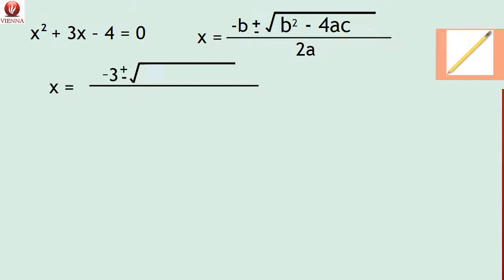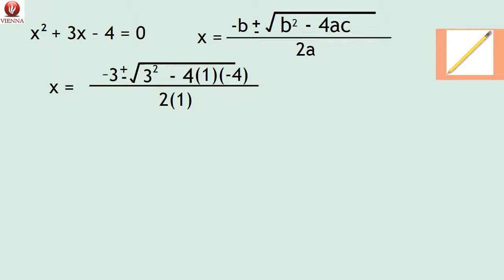So x equals negative b, or negative 3, plus or minus the square root of, so b squared, so that would be 3 squared, minus 4ac. 4 times a, which is 1, and c, which is negative 4. All right, so just kind of look at this. And when you do a couple of these, it becomes actually quite simple. And again, that's all over 2a, which in this case is 2 times 1.